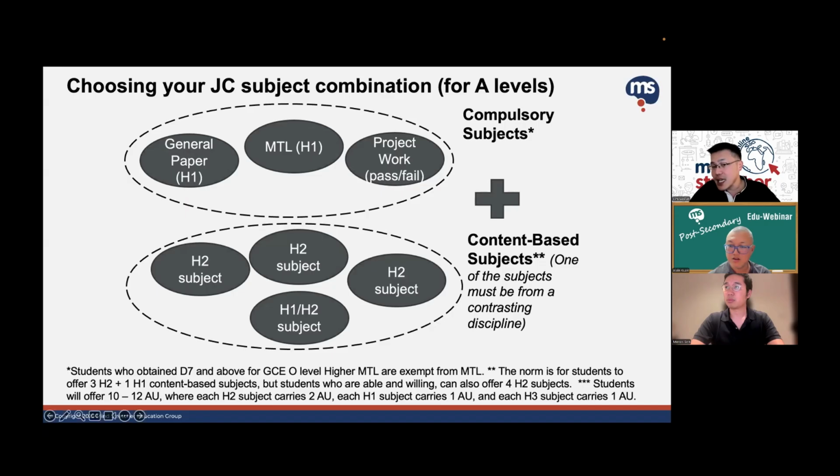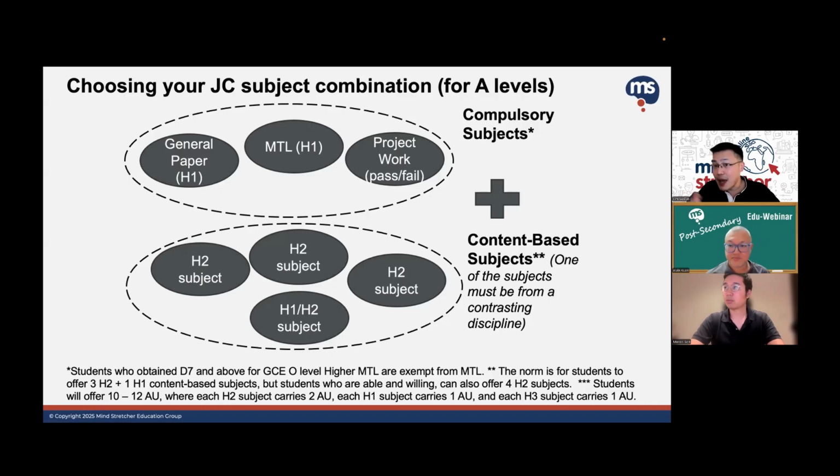And the other key thing is also, in case you're wondering what's this contrasting discipline thing, the idea behind that is that now you have to take three subjects. Let's say you're in the science stream, three subjects will be more along the math and science line, but there will always be one that is contrasting. That means that one will be like the arts slash humanities. So that's why you can see in JC now, a very common subject combination is the BCME or the PCME, right?